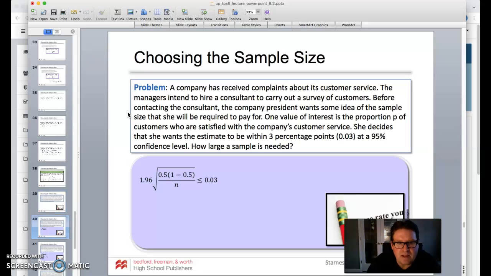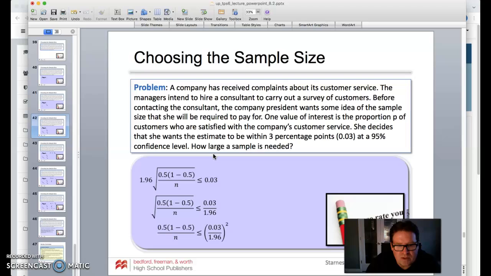Well, let's do some computation. At 0.95, we know our z star is 1.96. We use 0.5 here as the conservative guess, and we'll leave n there, and it just has to be less than or equal to 0.03. That's the margin of error we're looking for. All right, so we can divide by 1.96, then we can square both sides.